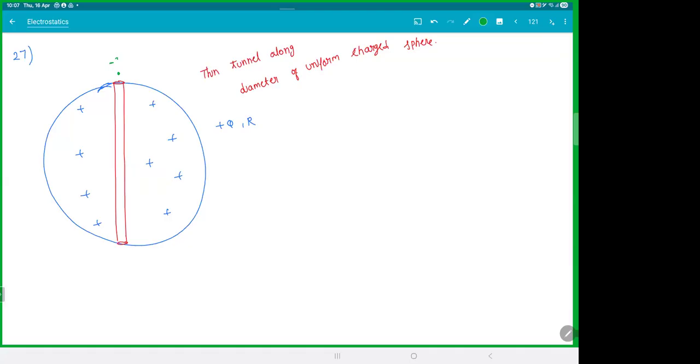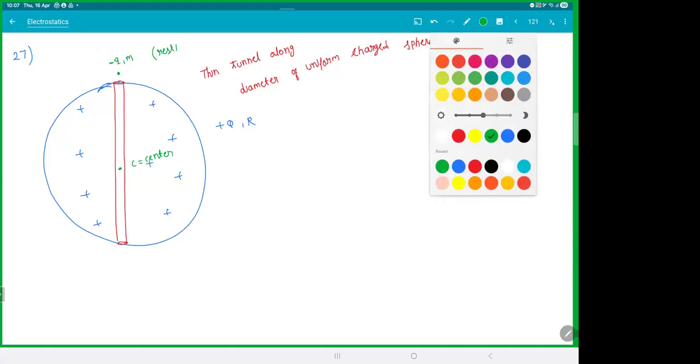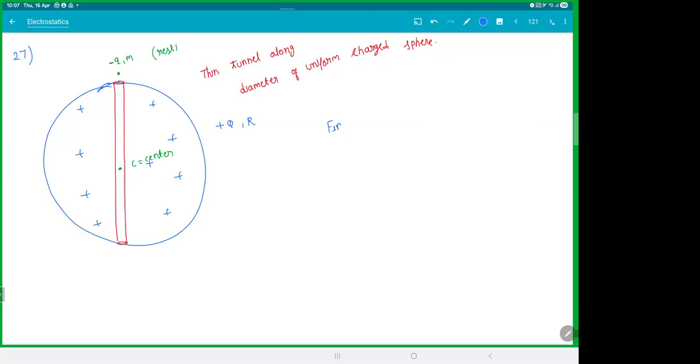You are releasing a particle of charge minus q and mass m from rest. C is the center. Find the speed and the time taken to reach the center. There's no gravity, nothing else. It's all electrostatic forces. Find speed and time when it reaches C. We will see more variations of this in gravitation.